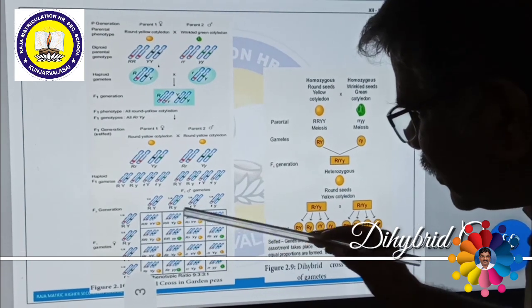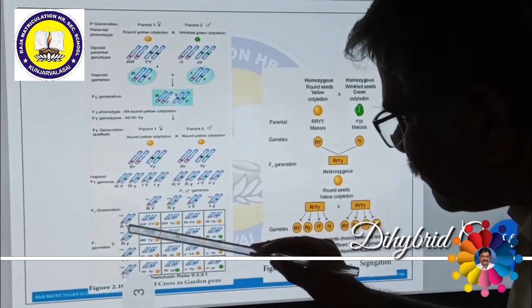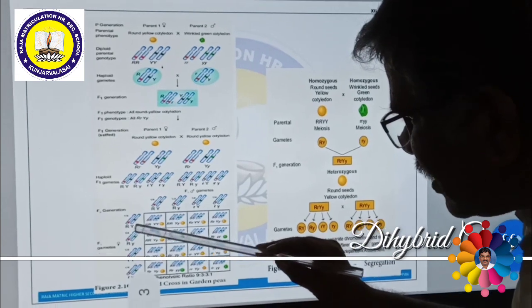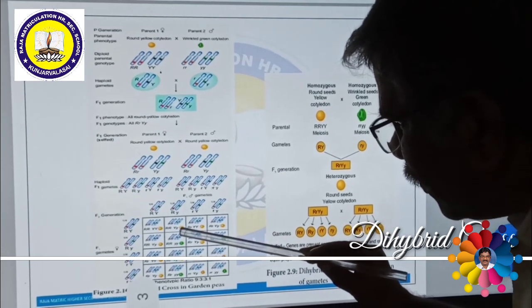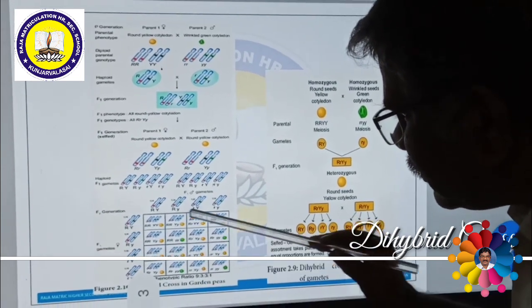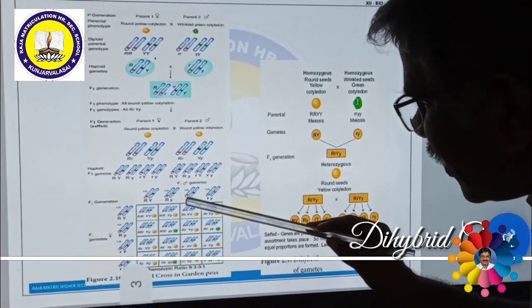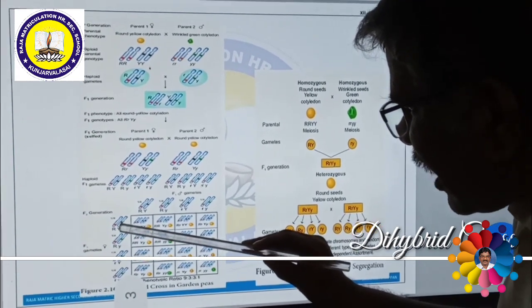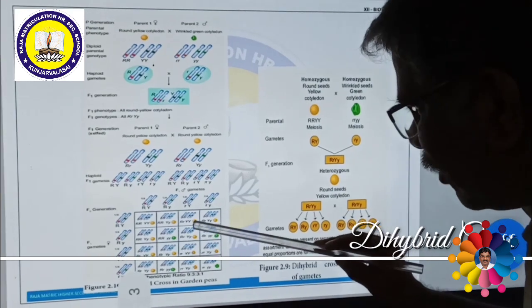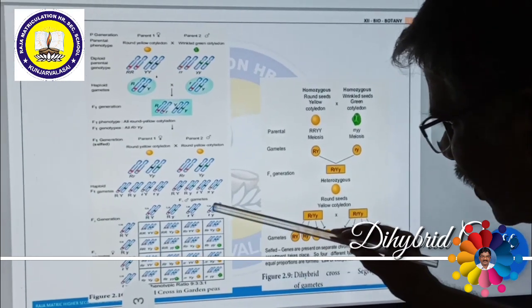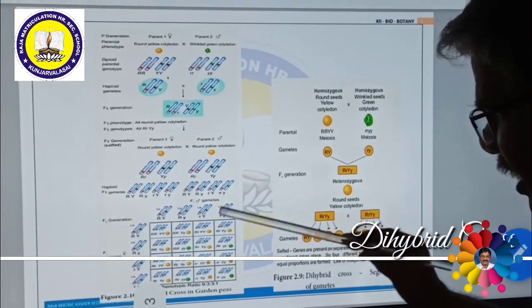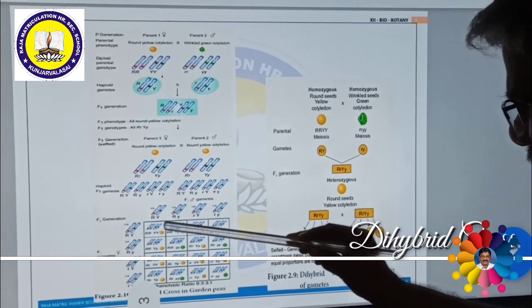Are you clear? Next, second class: capital R, round, capital Y, small y, yellow. In the third category, capital R, small r, round, capital Y, yellow. Then capital R, small r, round, capital Y, small y, yellow. So the first line is completed.